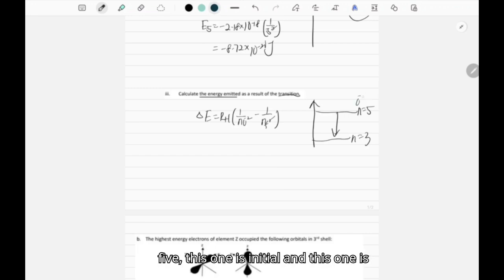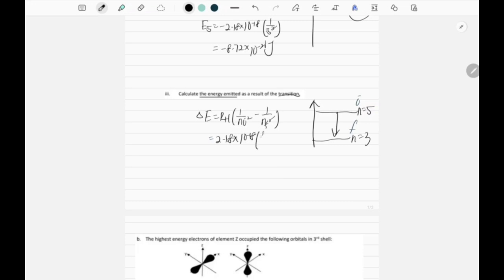Initial is 5 and final is 3. The 5 is bigger than 3, so it will get a negative sign.